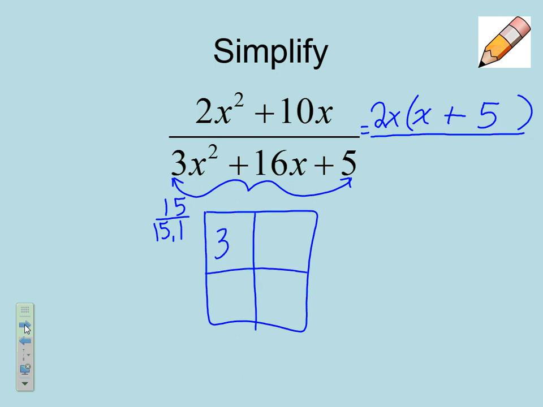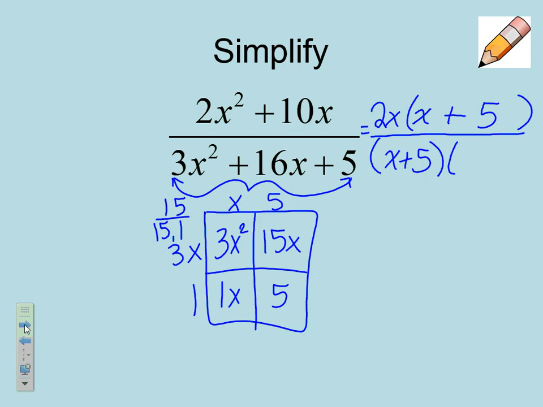AC method: 3x squared, 15x, 1x, and a 5. Pulling out greatest common factor from each row and column. So the factors of the bottom, the two things that multiply to make the 3x squared plus 16x plus 5, happen to be x plus 5 and 3x plus 1.